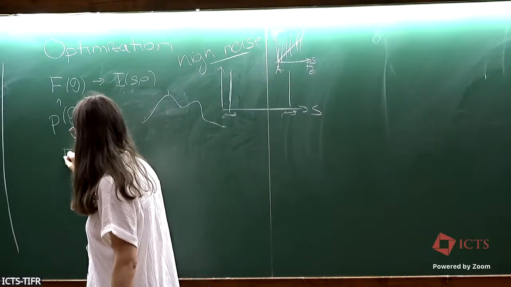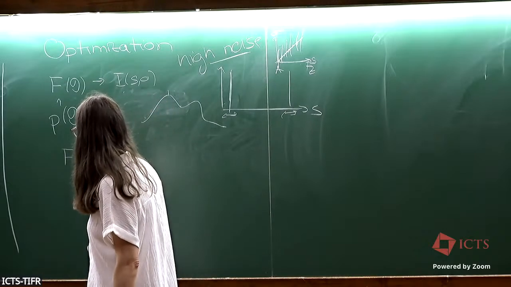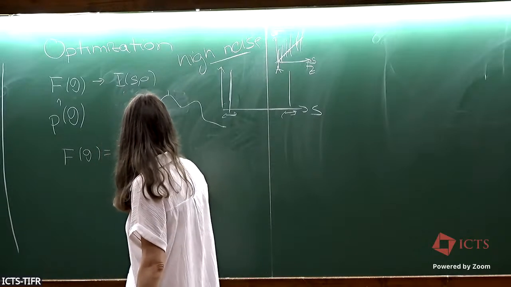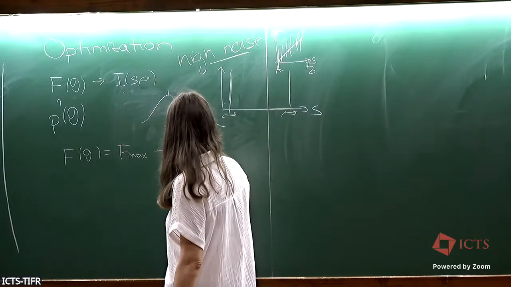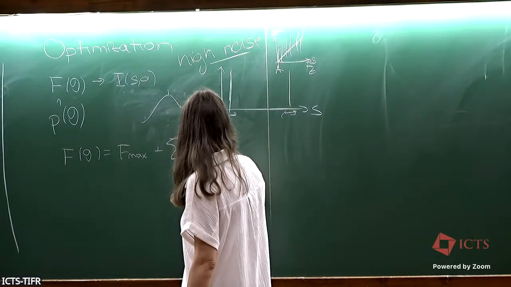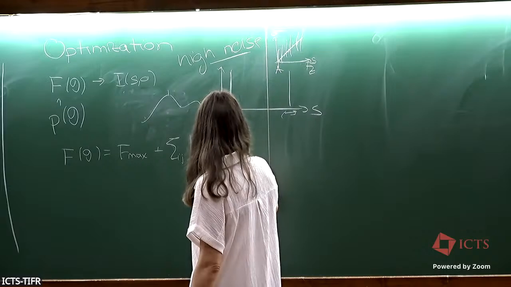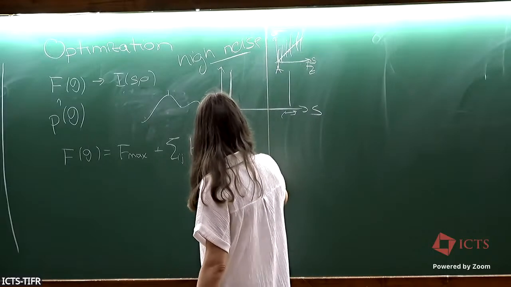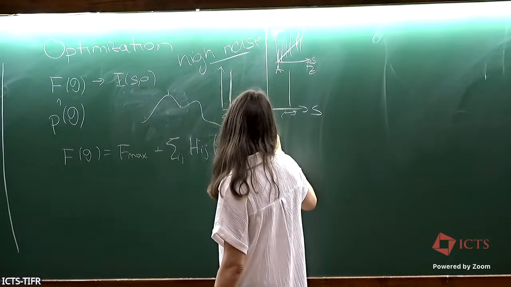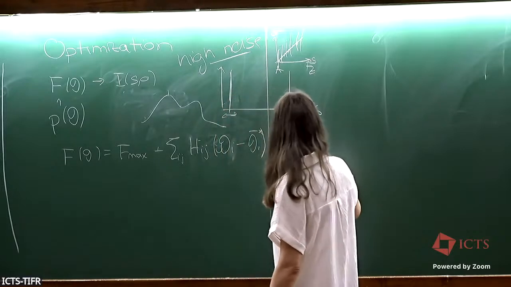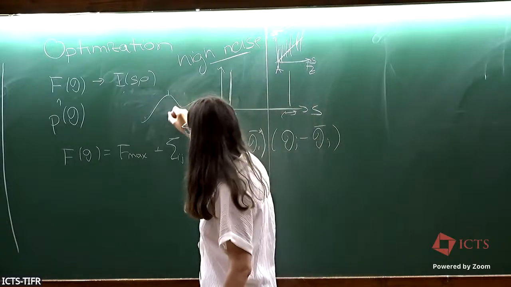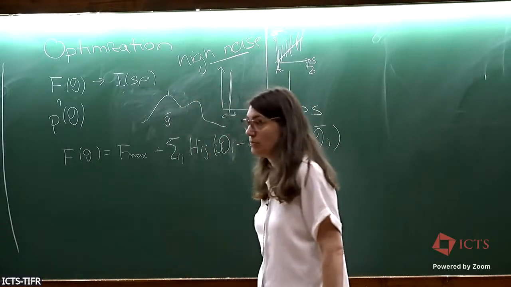So I can say that F is my F max plus some sum over ij, like this Hessian, times theta i minus theta i star, at the optimum, and theta j minus theta j star at the optimum, where these parameters now denote my optimum.